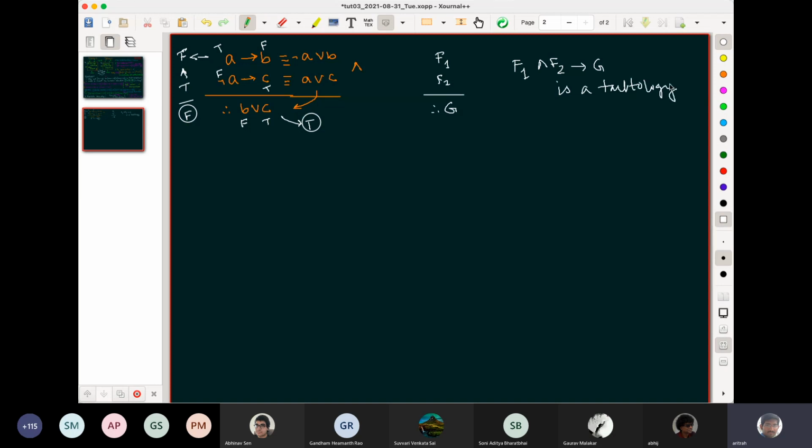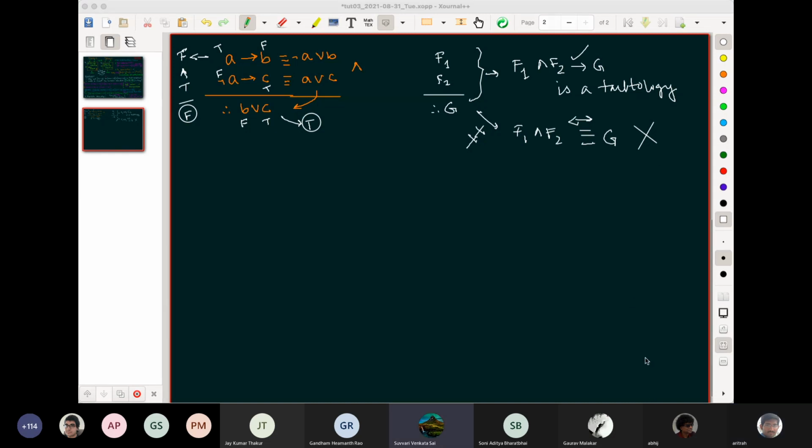It is not the case that F1 and F2 is equivalent to G. Clear, everybody? Yes, sir. So this does not mean if and only if. This means only one sided. This is a tautology.